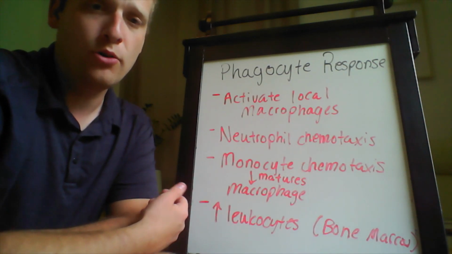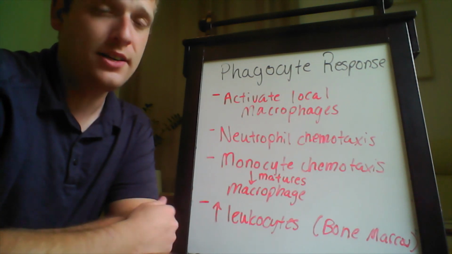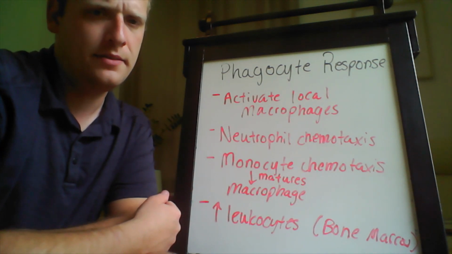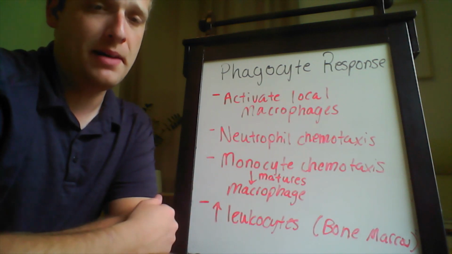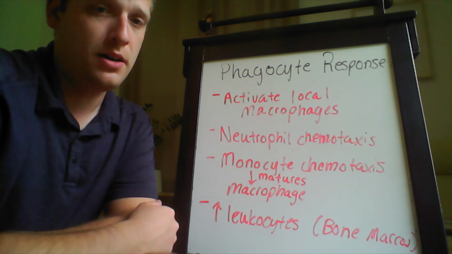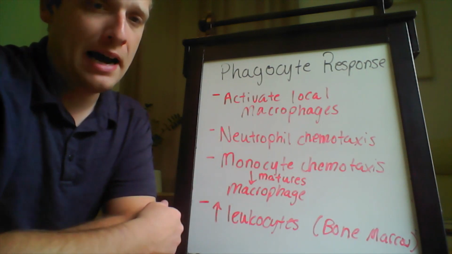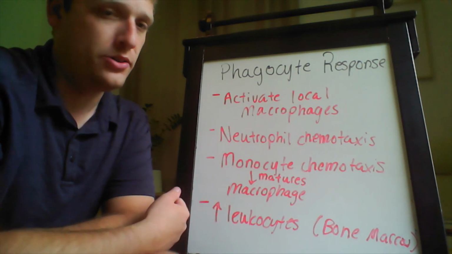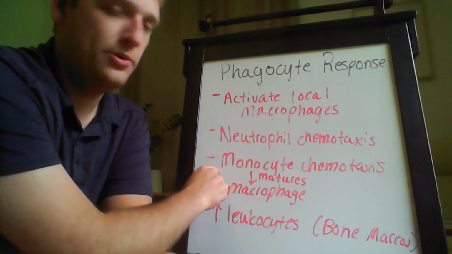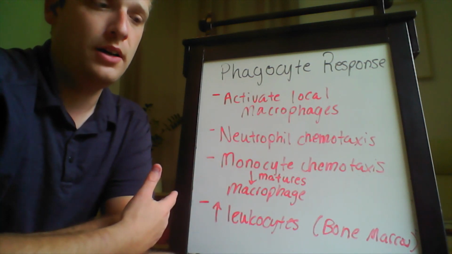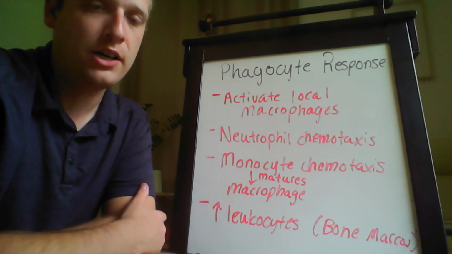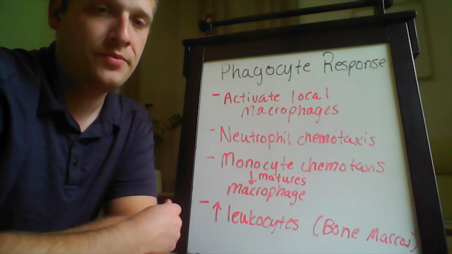There are also local macrophages, which, as their name implies, are phagocytes, and they're going to become activated during this immune response. Along with those local macrophages, the other first responders are going to be your neutrophils and monocytes, and they're going to travel toward the direction of an infection through chemotaxis.